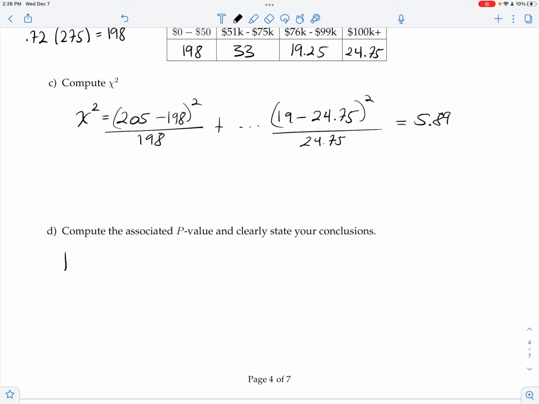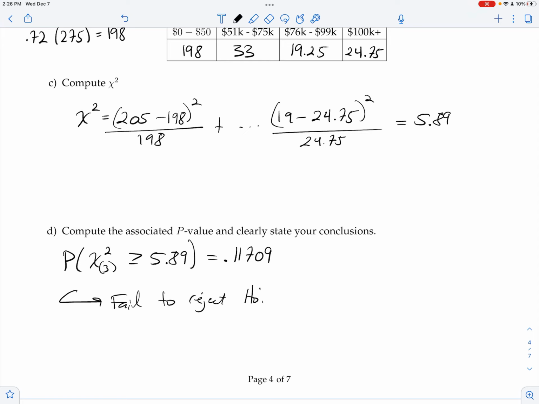And then the last part, we want the probability that chi-squared with 3 degrees of freedom, because there are only 4 categories, is greater than or equal to our statistic of 5.89. You should get 0.11709. And so the point is, we should fail to reject the null hypothesis. What does that mean?